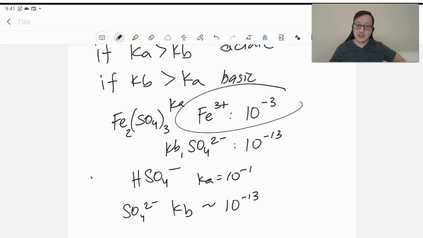If they happen to equal each other somehow, like ammonium acetate, it would be a perfectly neutral solution because Ka and Kb are equal to each other. So that's a very rare circumstance, but that would be neutral. So whichever one wins, that's the end of the day. So that's how salt solutions work. So you can even do pH stuff on things that don't even seem like acids or bases.